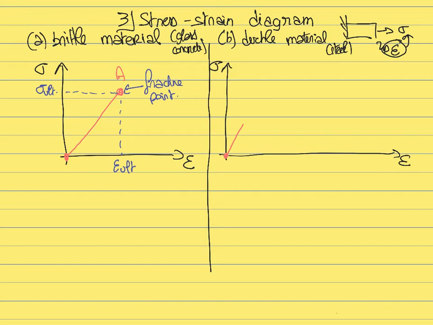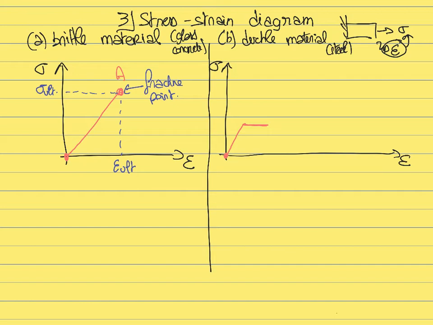The stress will increase linearly with the strain up to a certain point at which ductile material starts to behave differently than brittle material. Then you have a second regime where the strain will continue to increase, but the stress will remain constant.